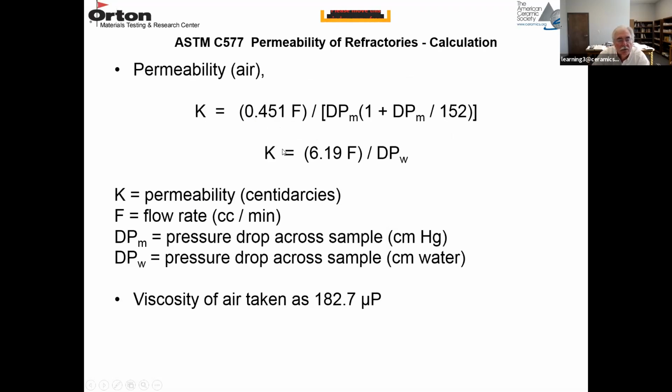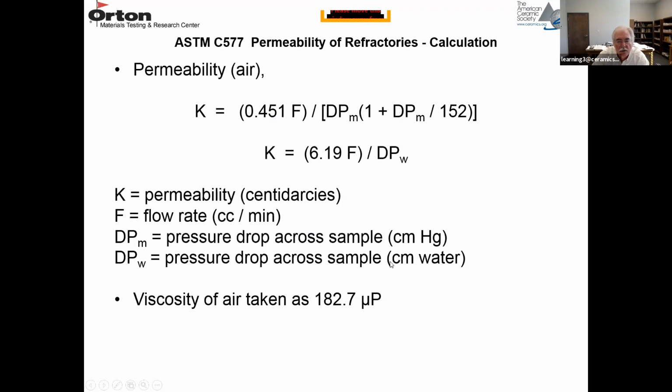And here are the two equations for calculating permeability. K equals this constant 0.451 times F, where F is the flow rate in cc's per minute, times dPm, the pressure drop across the sample in centimeters of mercury, and that's times 1 plus the same pressure drop divided by 152.